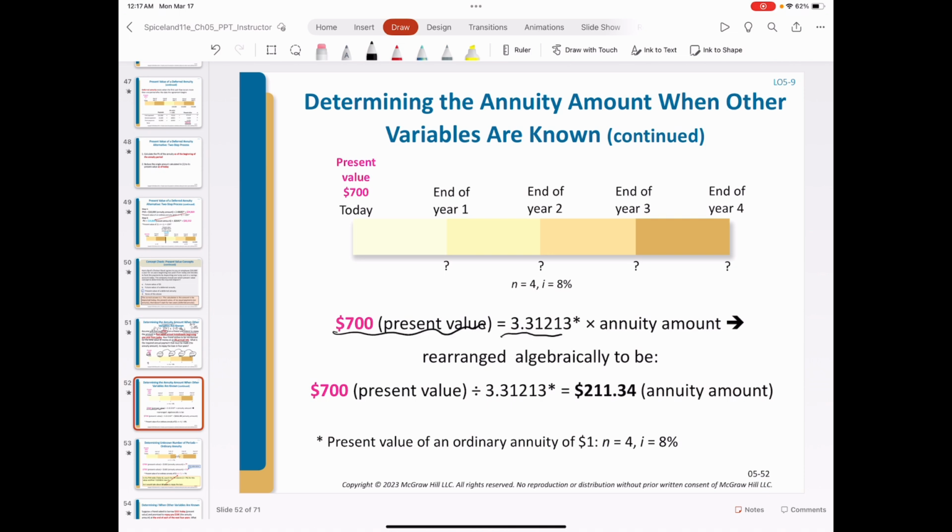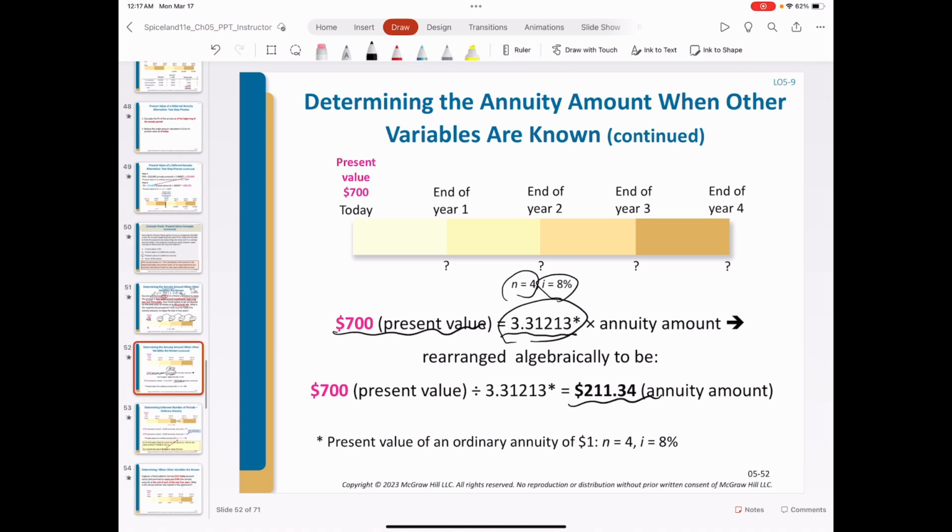For the factor, we look up 4 years, 8% for each year. Then we can calculate the amount of the installments, which will be $211.34.